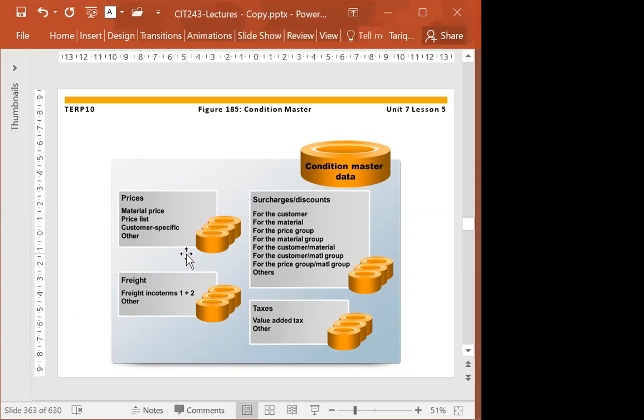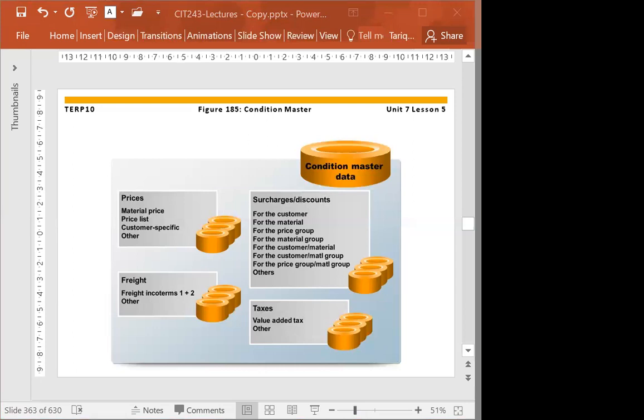If there's a customer-specific discount, for example, a big company comes in and we have a special discount for big companies, we have to enter that in the condition master data. Then we will know that this customer will pay this much price. So the taxes, the freight information, the price, and the surcharge or discount all help you in getting the final price of the product.